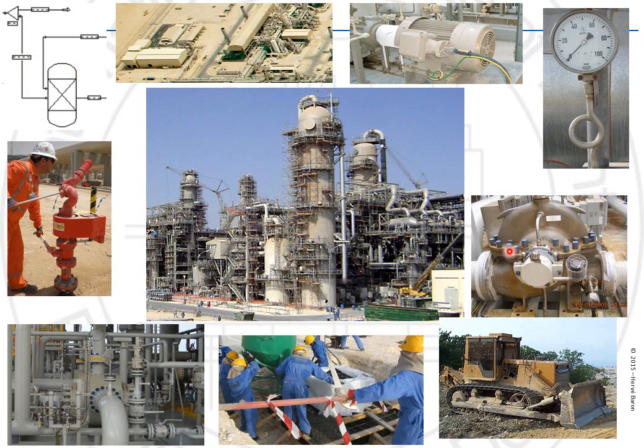Then we have mechanical, which is selecting the mechanical equipment, the rotating equipment, the pressure vessels, and so on. Then we have the plant layout discipline, or the plant architect. We have also civil, which is in charge of the earthworks and the foundations for the equipment.